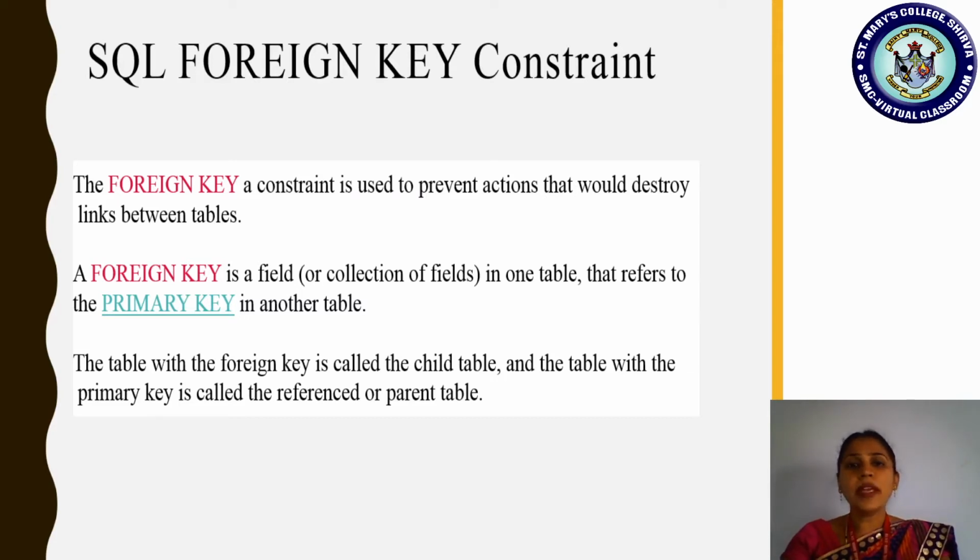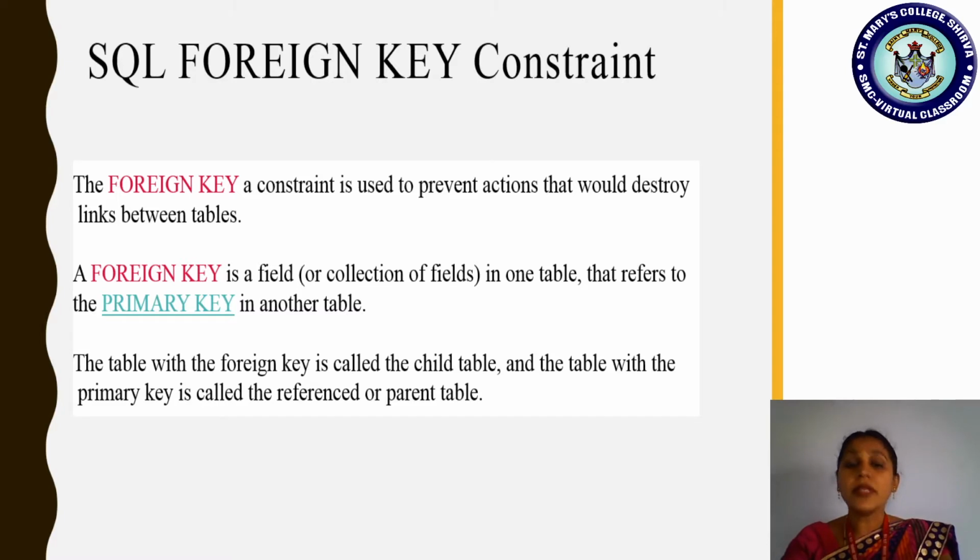So which is the parent table? Department relation or department table. And the table with the primary key is called the referenced or parent table, because department number belongs to the department relation, right? So the department relation or table becomes the parent table or referenced table.